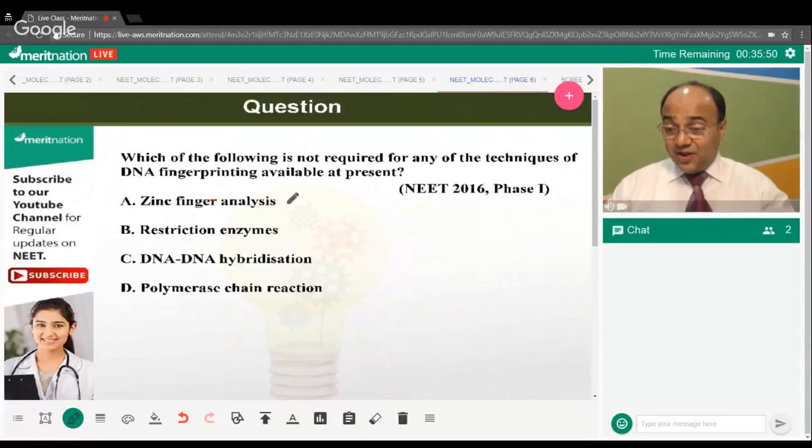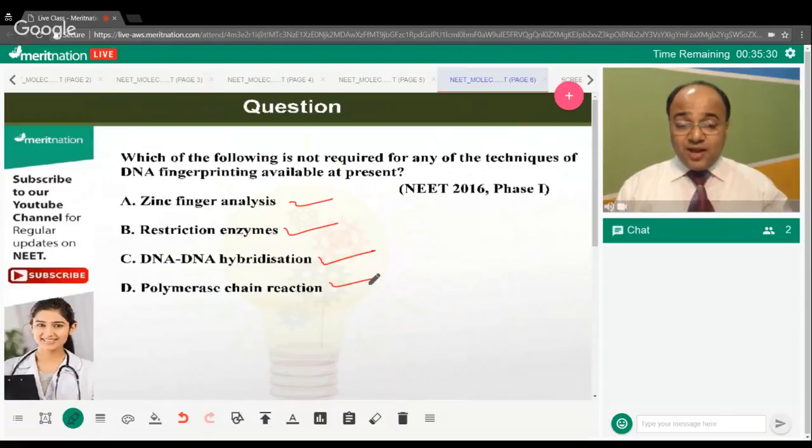Is it zinc finger analysis, or restriction enzymes, or DNA hybridization, or polymerase chain reaction? Okay, Tanveer says C. Nikhil says C. Meghna says A. Lakshmi says A. Ame, you are right. So the answer over here is option A.